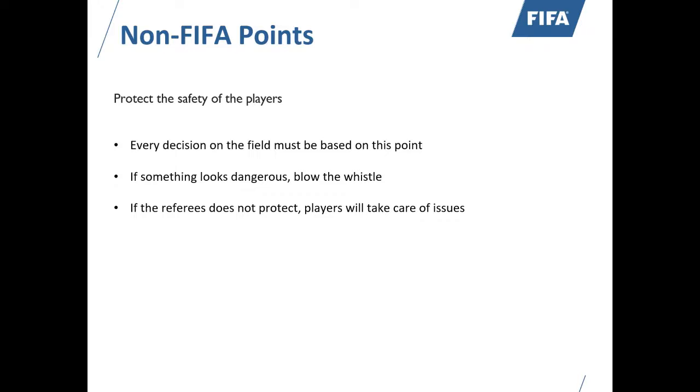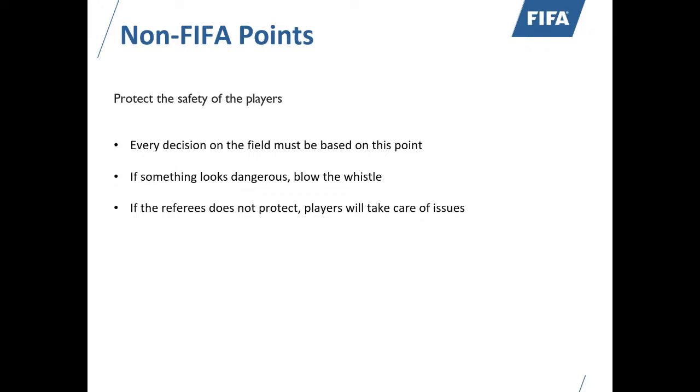And then how much force: coming at speed or no speed, standing versus a lunge. And then we also want to talk about whether there is an opportunity to play the ball. Is the ball long gone, or is the ball right there at the foot as that challenge comes in? Those are the big overriding themes that we need to be thinking about as well.